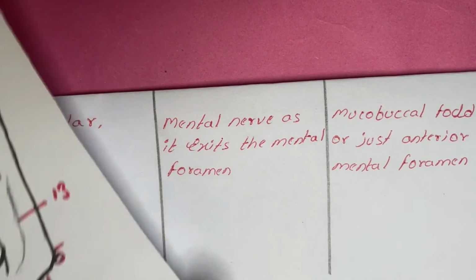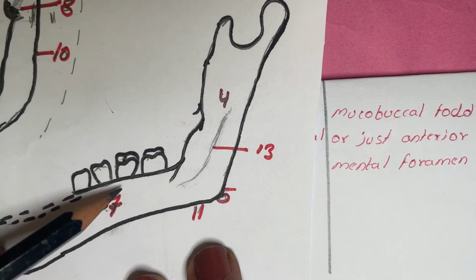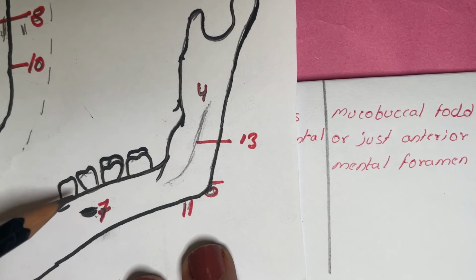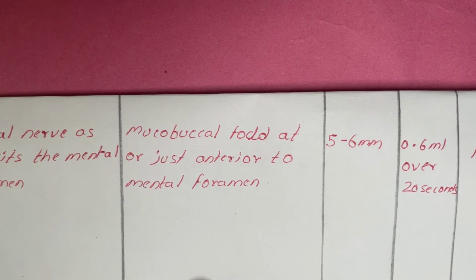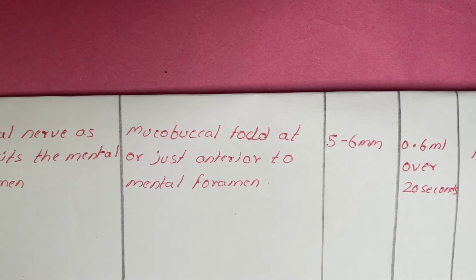The mental foramen is present here, and from here the mental nerve passes, at the apices of the 2 premolars. The area of needle insertion is the mucobuccal fold at or just anterior to the mental foramen.